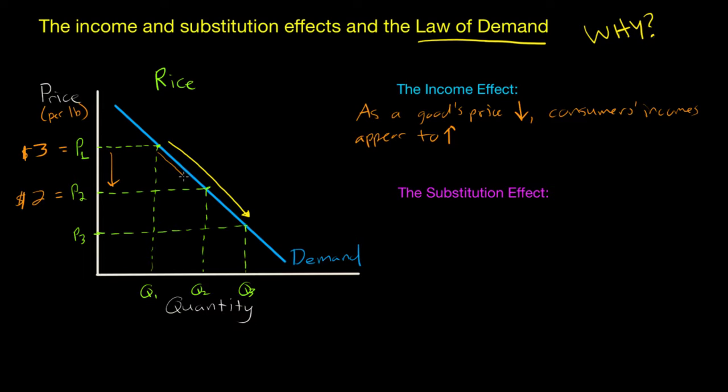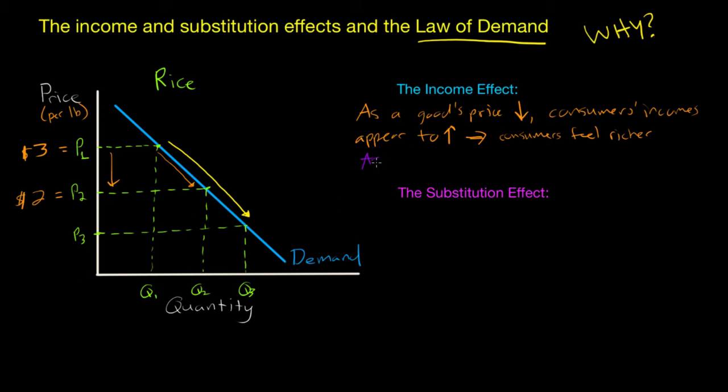So even though your income hasn't changed in terms of how many dollars you have, you feel richer. So the income effect says that as prices fall, consumers feel richer. And for normal goods, if we feel richer, then we're inclined to buy a greater quantity of those goods. And this works in reverse as well.